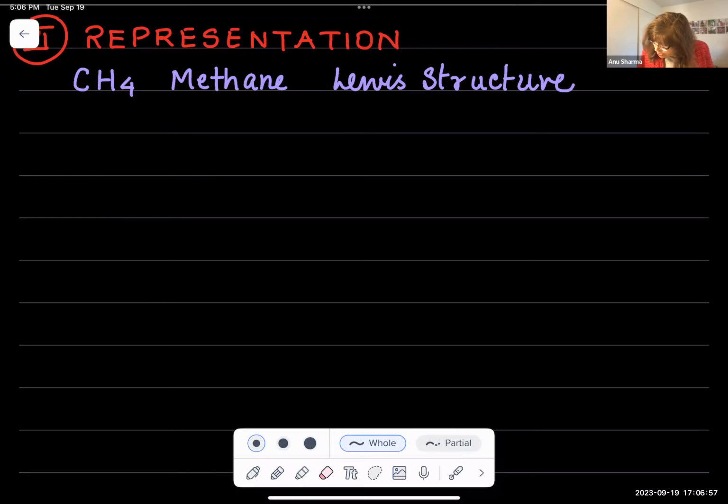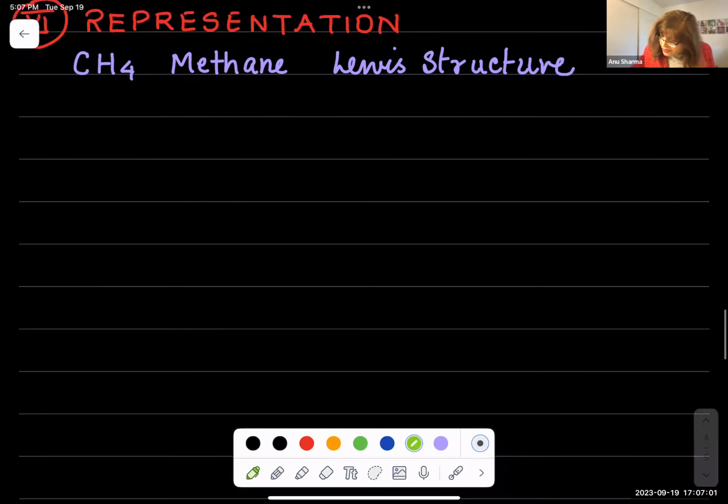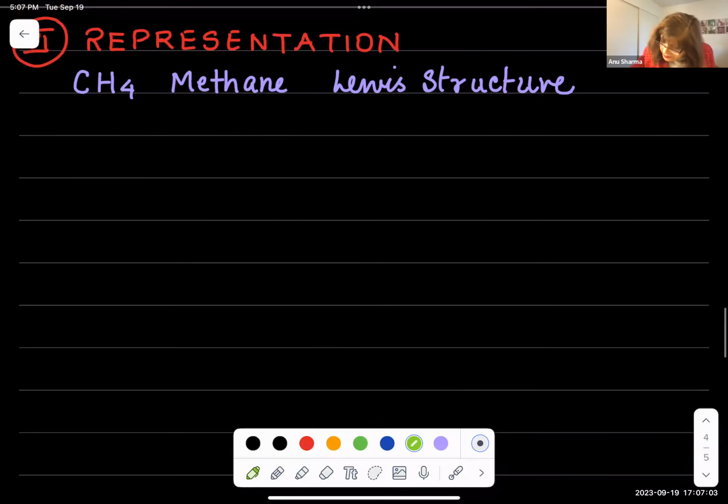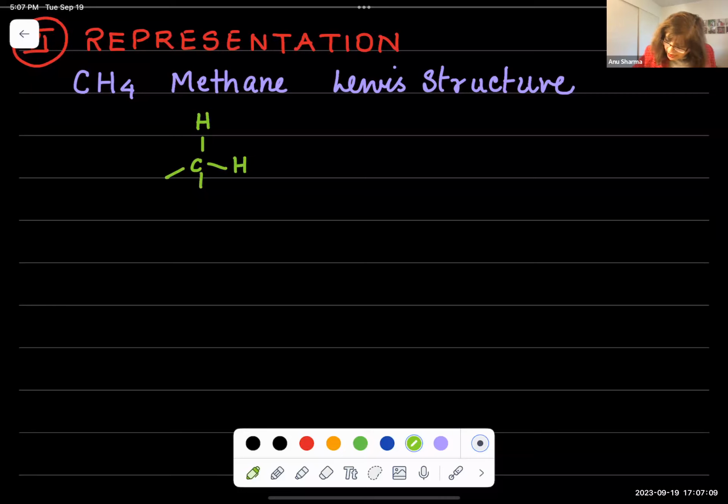The Lewis structure is simple: hydrogen on the top, and then carbon, and then hydrogen, hydrogen, and hydrogen. So this is a simple Lewis structure.